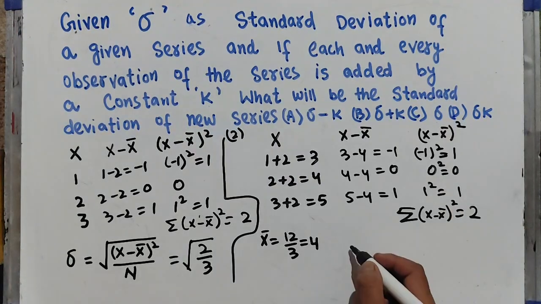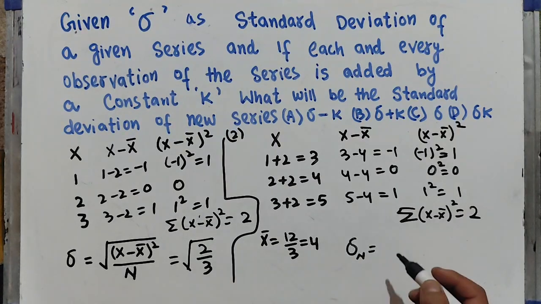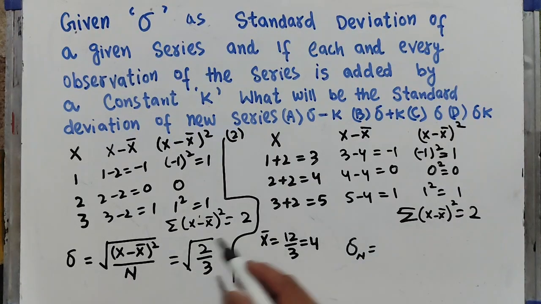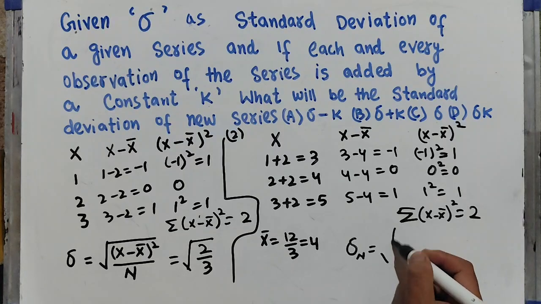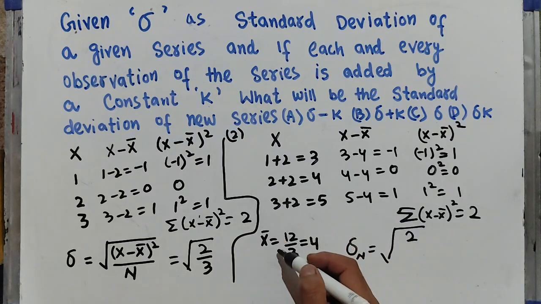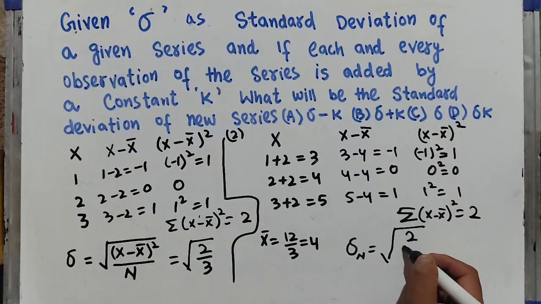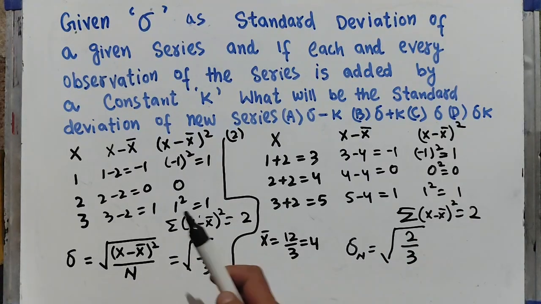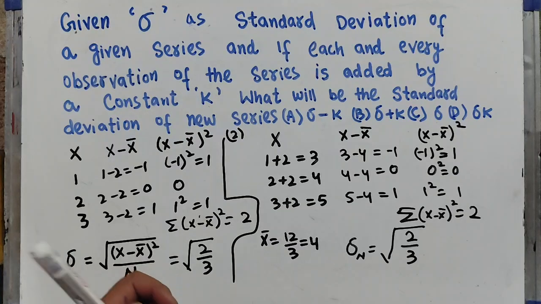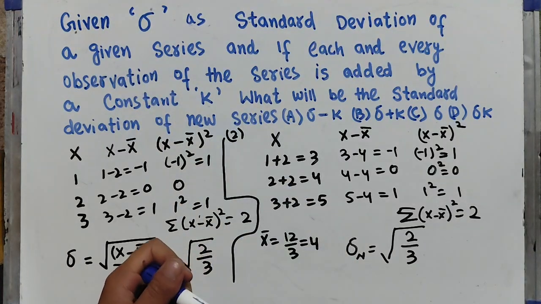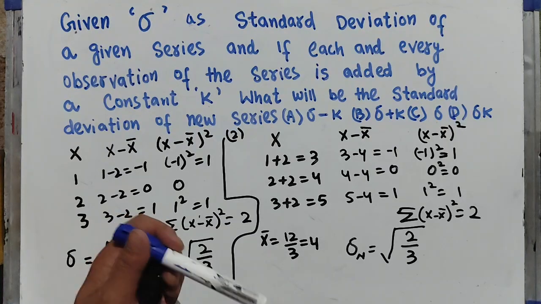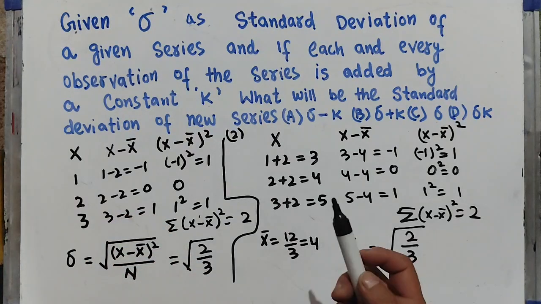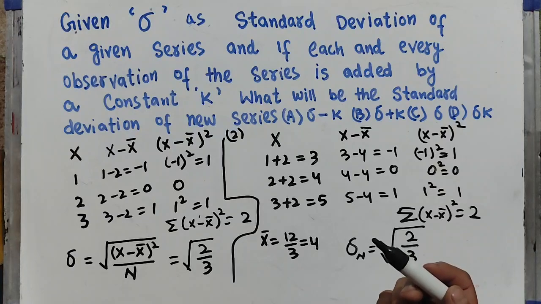Now what will be the new standard deviation? Let us find out. The formula is the same: the sum of (x minus x bar) squared is 2 here, and the total number of observations is 3. Again we get the same result. That means if we add each and every observation of a series by a constant k, the standard deviation will not change at all.